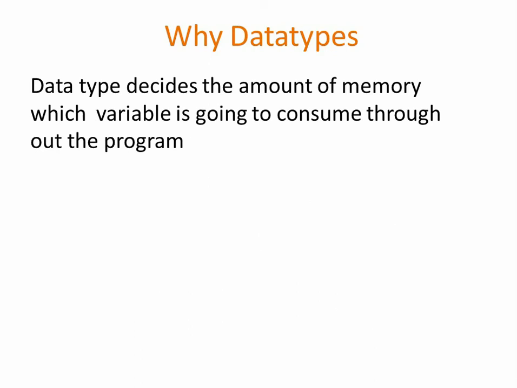Data types decide the amount of memory which a variable is going to consume throughout the program. Let's imagine there is a small box. If I try to fit a big object in that small box, what will happen? That box will get destroyed.